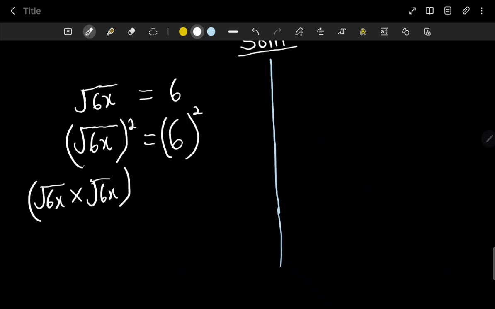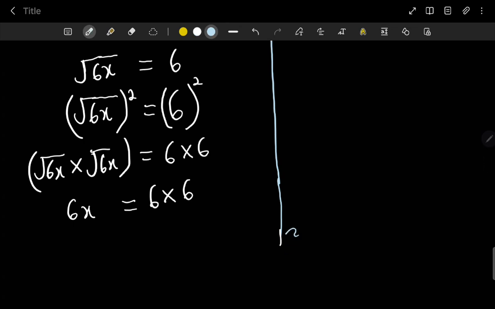That is the same as square root of 6x squared is equal to, now 6 squared is the same as 6 times 6, right? Okay. So now, after getting this, we know that if you have the same number multiplied, we get the same number as I showed you earlier. So now we have 6x is equal to 6 times 6. Okay.